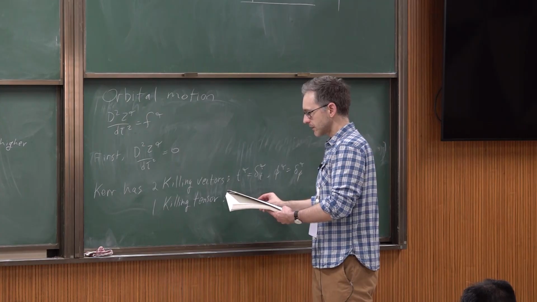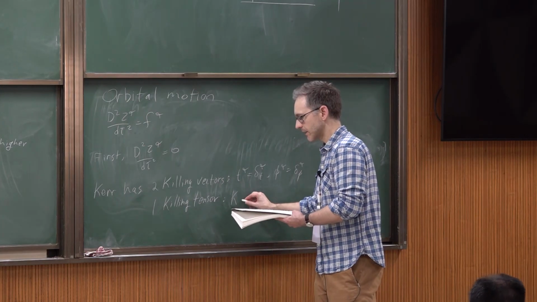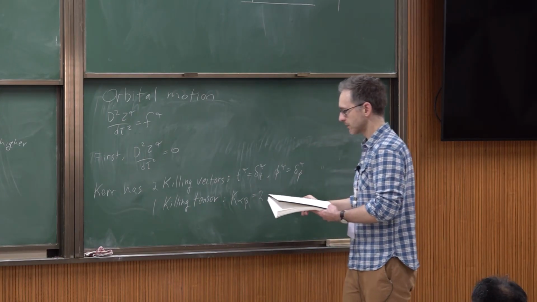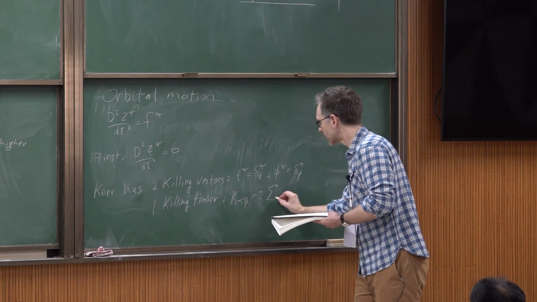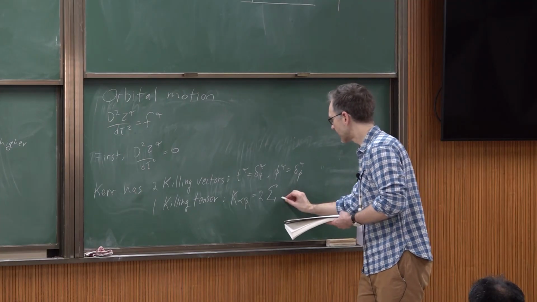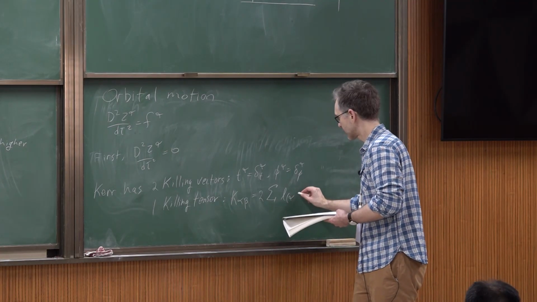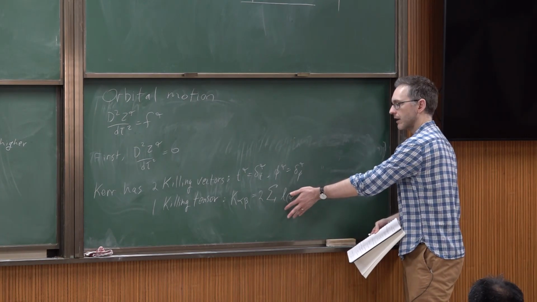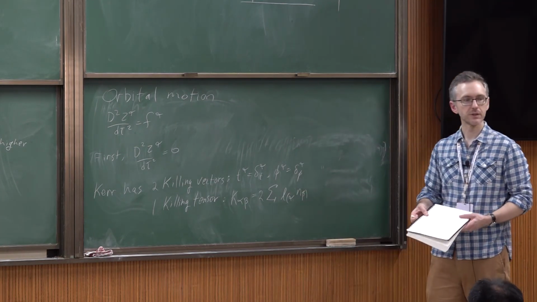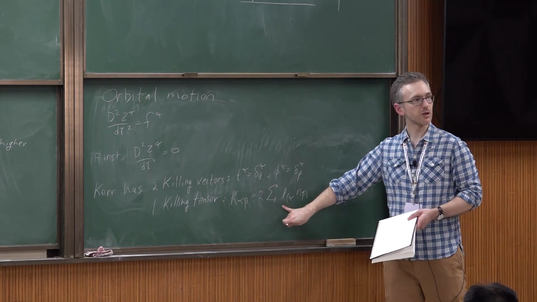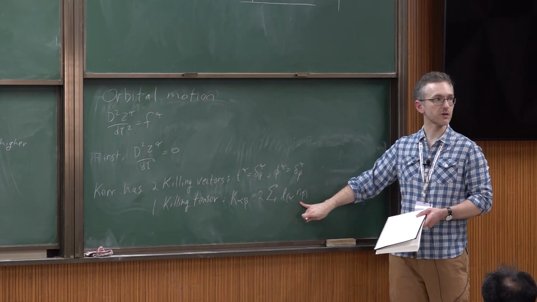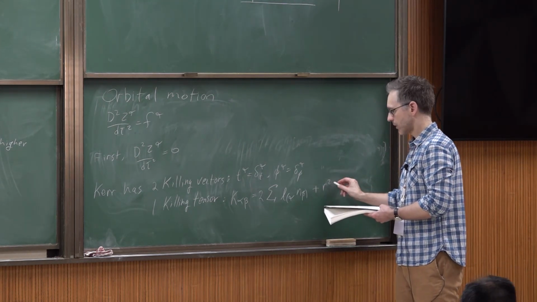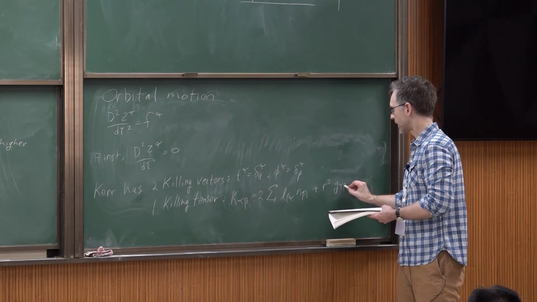And the killing tensor is k alpha beta equal to 2 times a quantity called sigma that pops up all the time, l alpha n beta. So these are the same l and n I mentioned in the context of the Teukolsky equation. This is the radially outgoing null vector and the radially ingoing null vector. Plus r squared g alpha beta.